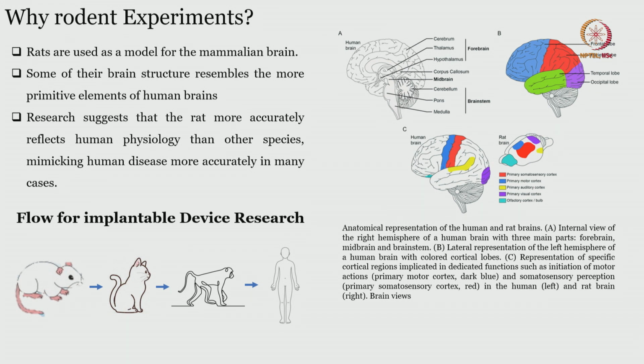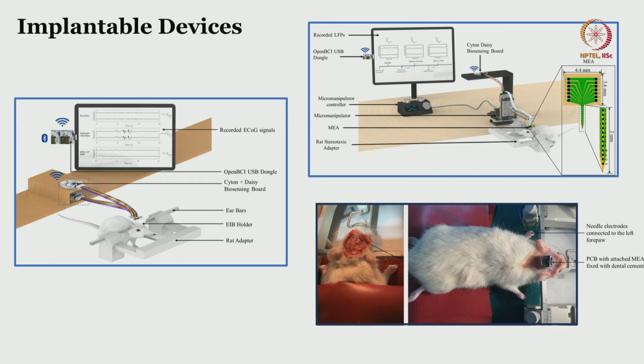So, again we look into the detail about the anatomy and then the application of the microengineering technologies, which is devices, and how these devices can be fabricated and can be used for acquiring the signals both from the surface of the brain and deeper structures of the brain using the implantable devices.